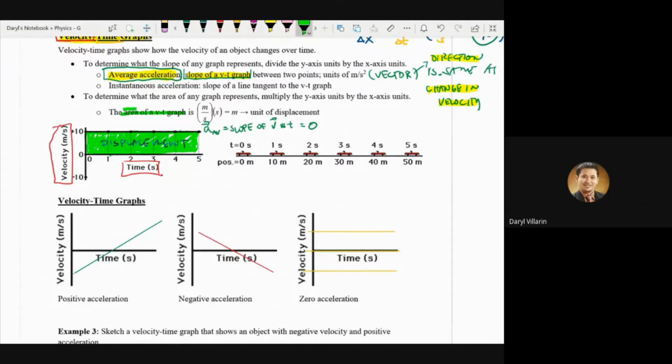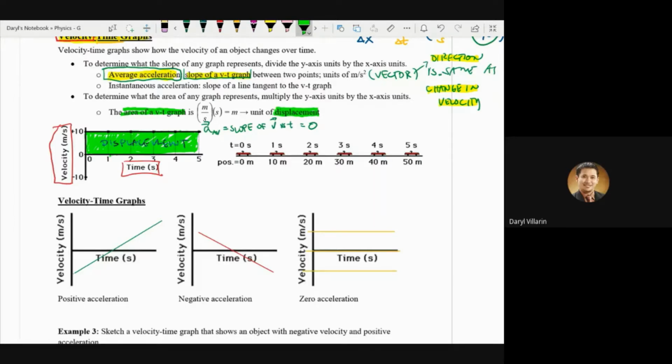So the area of the velocity time graph is just the displacement. And again, you can verify that one with a unit that it can create. If you're multiplying velocity, again, from this example here, you have a rectangular type of figure that is created by this graph here.